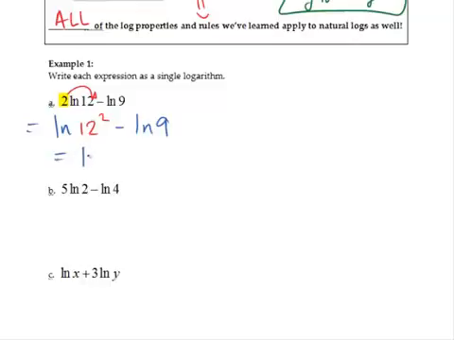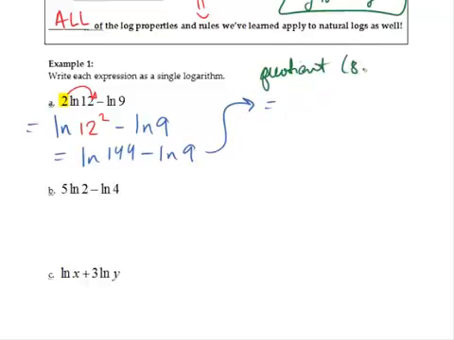This is the same as ln 144 minus ln 9. And when there's a minus between two logs, remember that's your quotient property. And this was section 8.4 that we learned this in. Your quotient property states that it's the single log of 144 over 9. And when we simplify that, we get ln of 16.